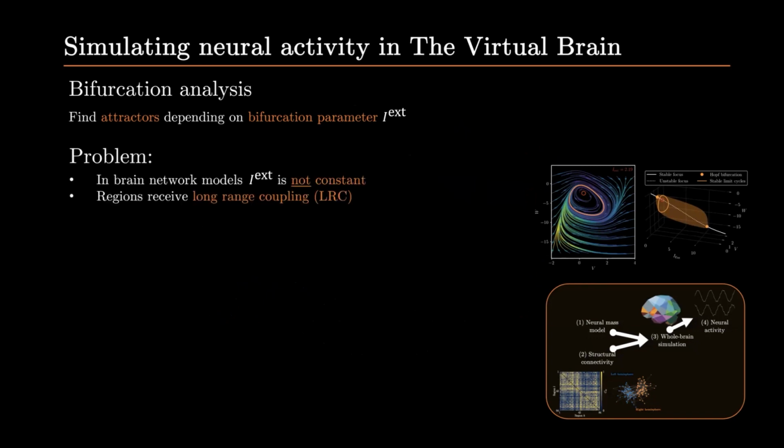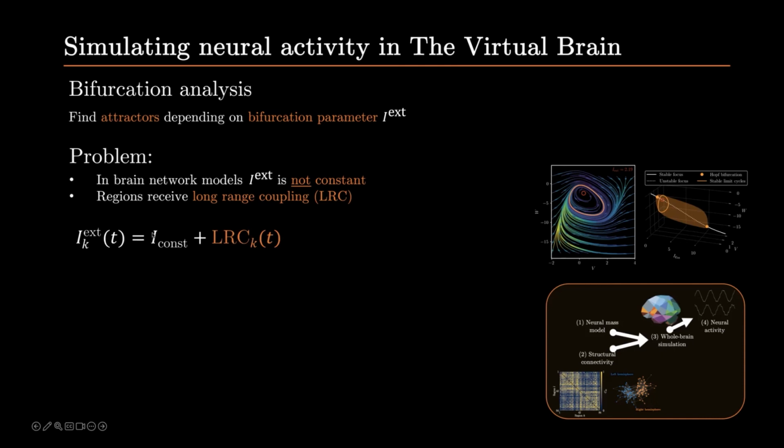There's only one problem, which I have hidden from you. Usually in brain network models, the external current is not constant. So this whole approach only works if the external current is constant. In the case of brain network simulations, each region receives long-range coupling, LRC. So the external current is time-dependent.